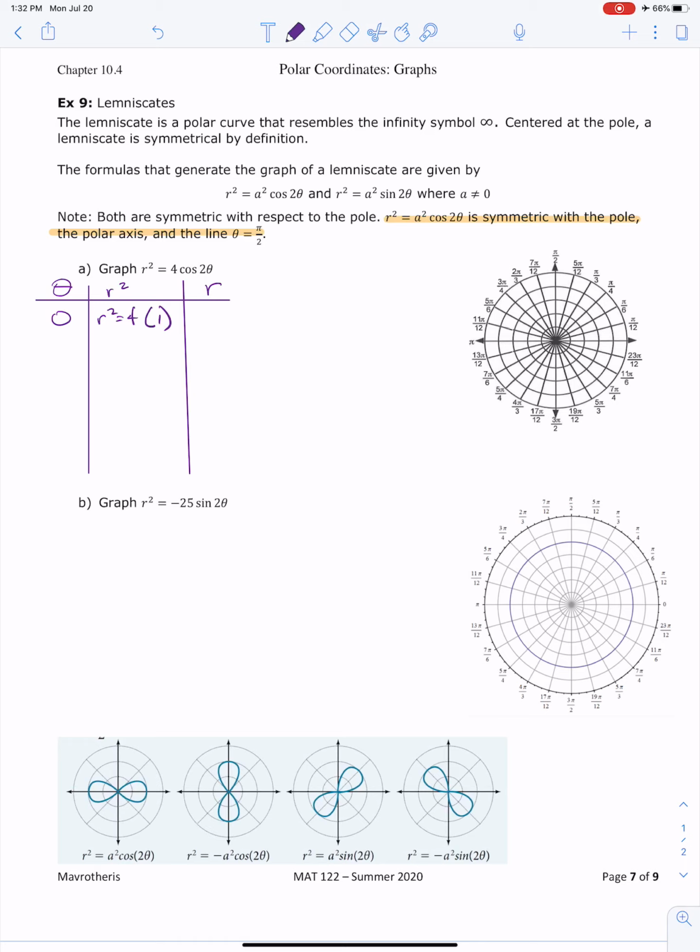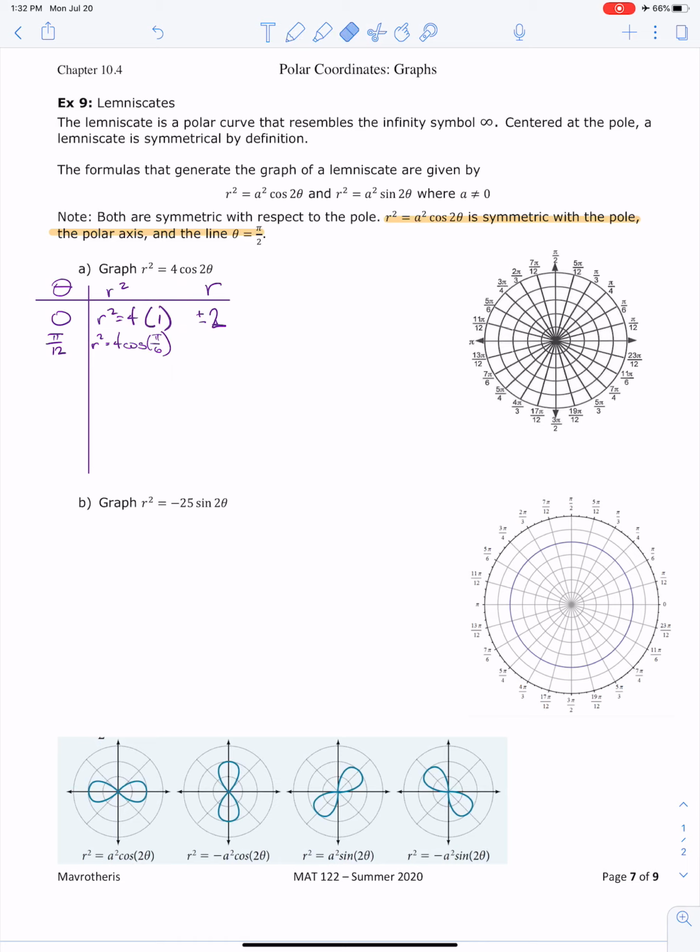Now I'm going to square root that, and I get positive or negative 2. Throw in pi over 12 just to see, because when I double that, I get pi over 6. And so then I've got r squared equals 4 times the cosine of pi over 6, which gives me square root of 3 over 2.